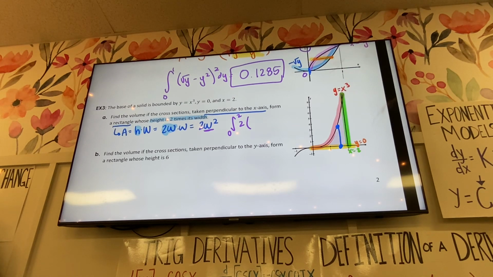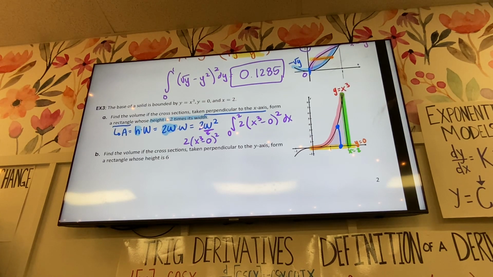All right, we'll do it this way, that's fine. What's the top function? X cubed. What's the bottom function? 0. And then squared. So this guy here was x cubed minus 0, because it's top minus bottom. Does that make sense? And then dx.